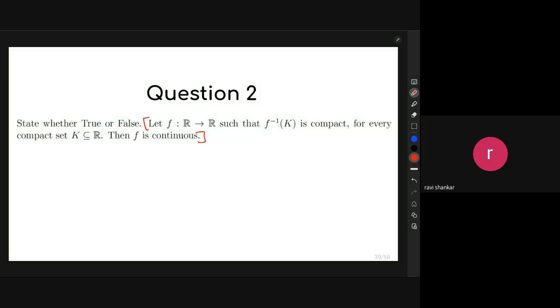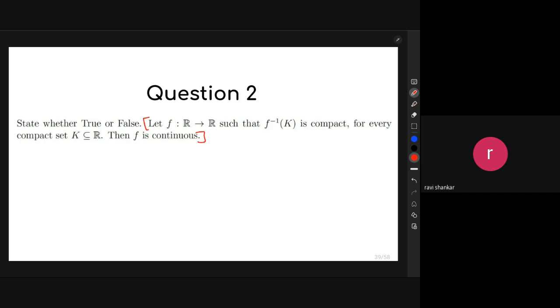So again, we repeat. A set can't be continuous. What do you mean by a set being continuous? A function is continuous. A set can't be continuous. It doesn't make sense to say that a set is continuous.